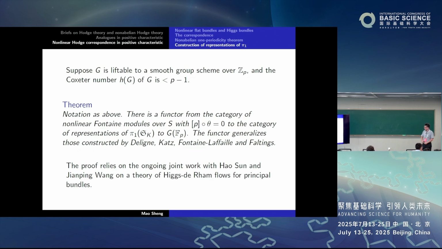Another thing is I think it will be interesting if you can define some nonlinear stability. Maybe in that case, you will have some more geometric application of this notion. But since you mentioned the characteristic zero, I think the natural question is whether a nonlinear Hodge theory over the field of complex numbers exists or not.